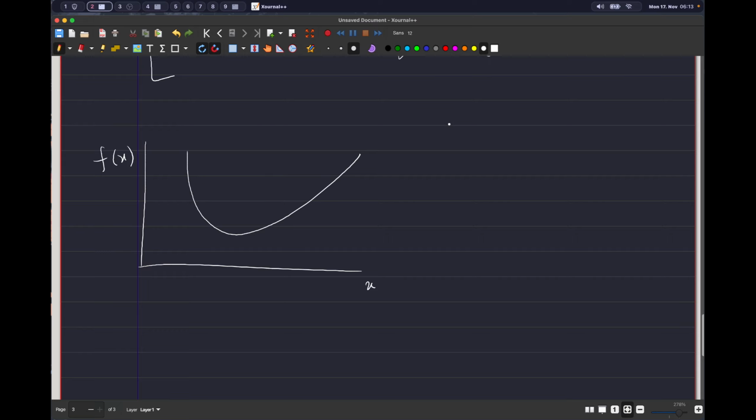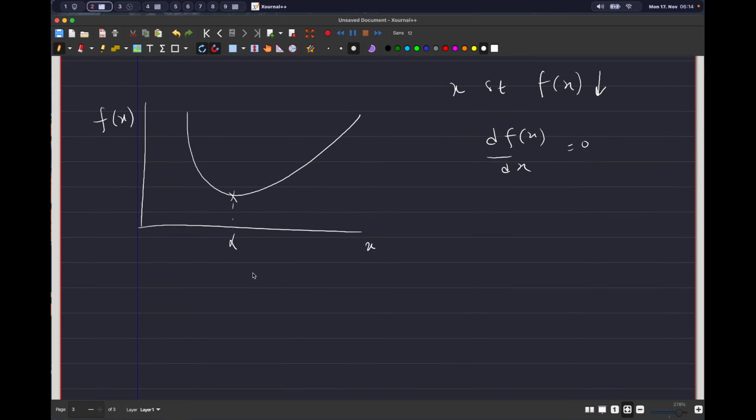So we want to find x such that f(x) is minimum. One way that you must already know about is differentiation. So we can do something like this and it will already give us this value. We can solve for x here and it will give us this parameter. So this is the optimal value.